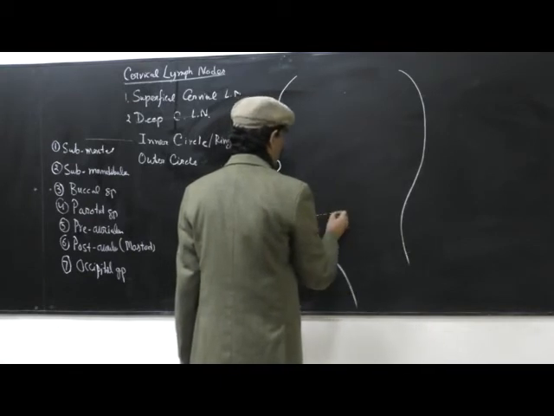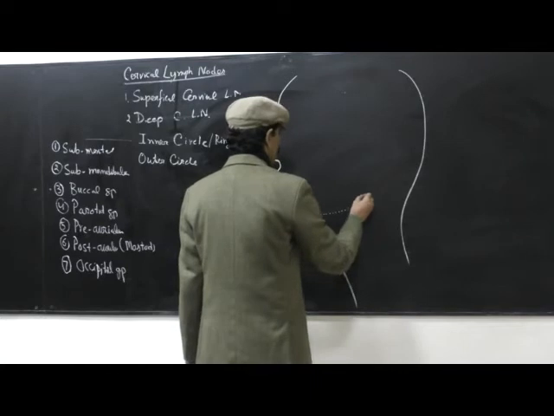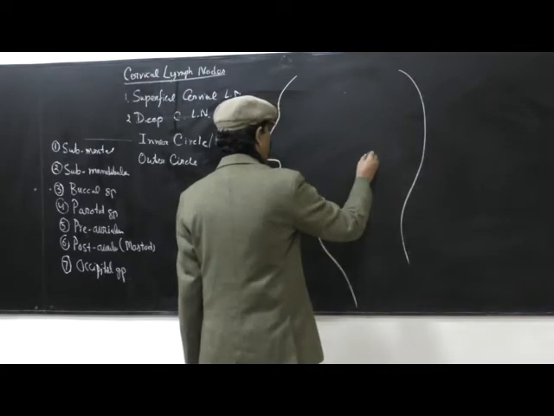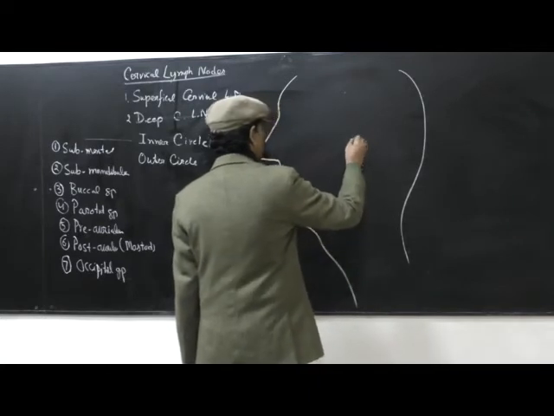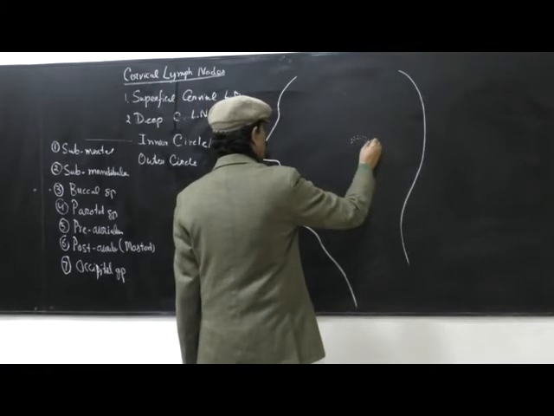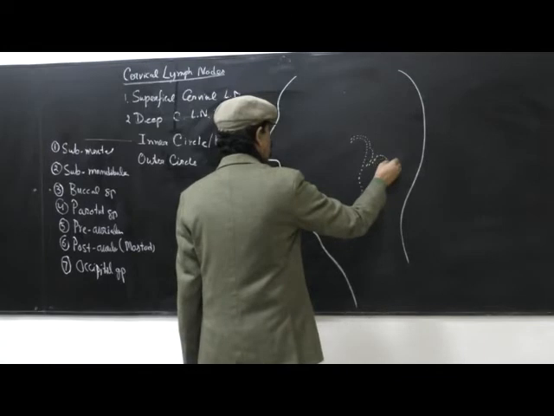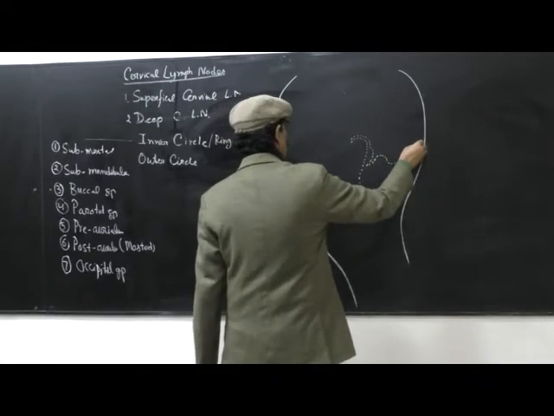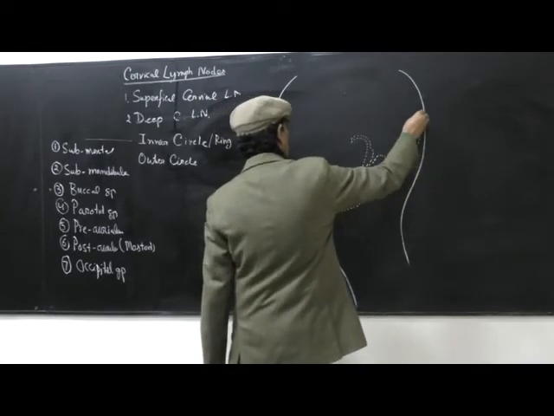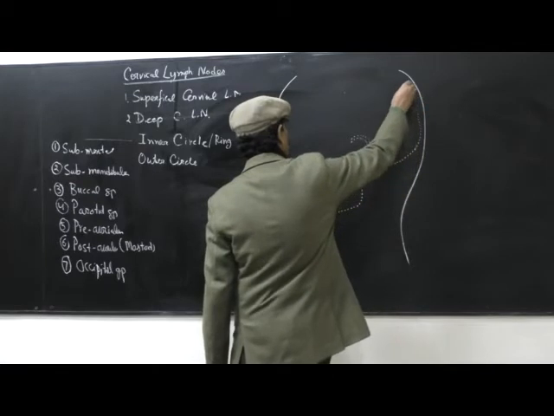So this is the lower border of the mandible, this is the angle of the mandible, this is the posterior border of the ramus of the mandible, this is the head of the mandible, and this is the TM joint, the styloid process, and this is the mastoid process, and this is the occipital bone or the occipital region of the skull.